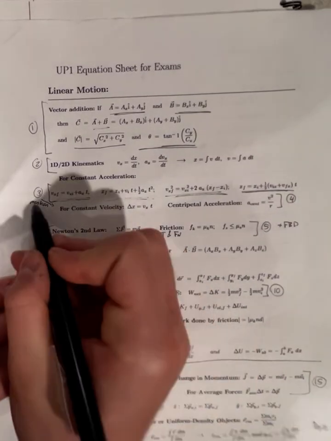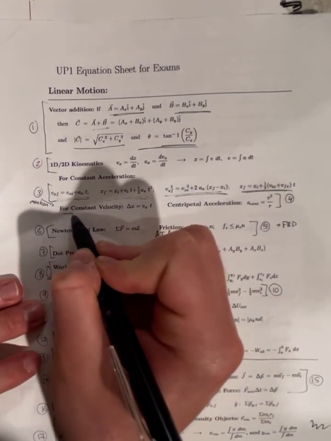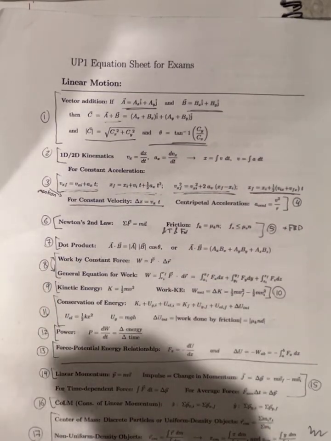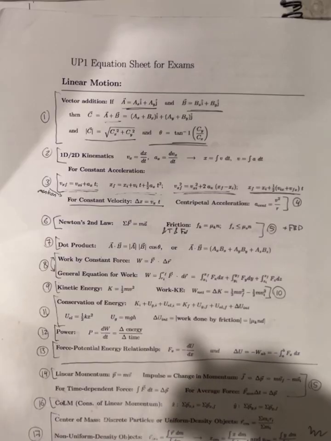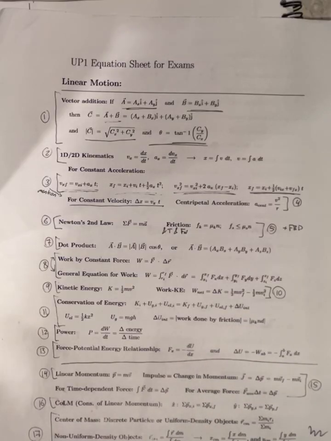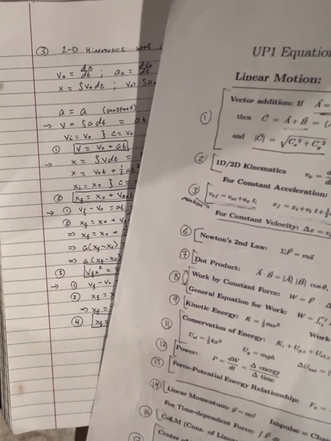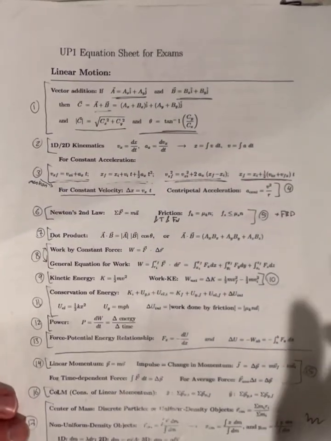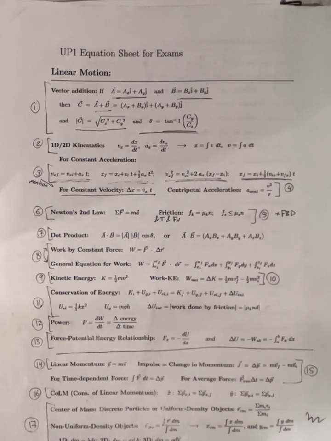The other thing that I have clearly told myself to mention in this video is this equation here on your equation sheet. It says for constant velocity, delta x is equal to vx times t. So this is a very specific scenario where you have a constant velocity. So a constant velocity means no acceleration, right?